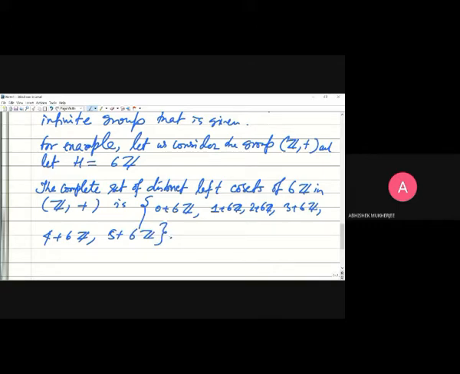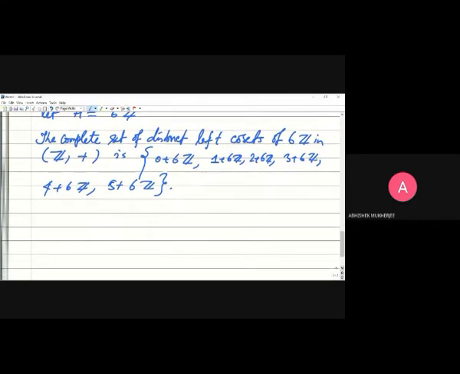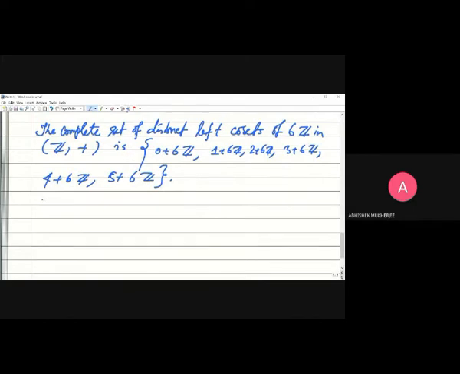So how many elements does this set have? We have noticed 6 distinct left cosets of H equal to 6Z in Z plus, right?